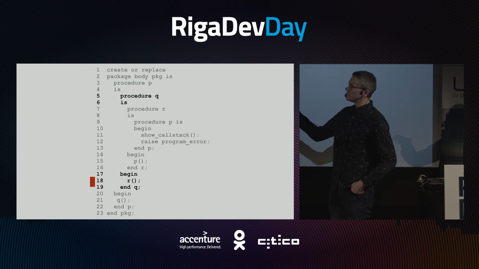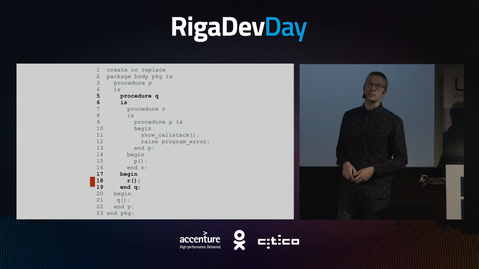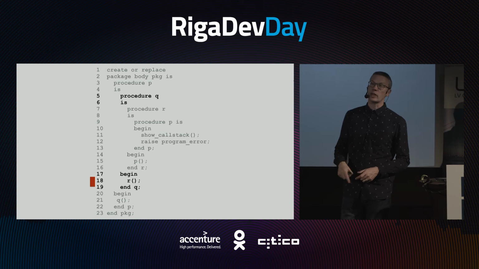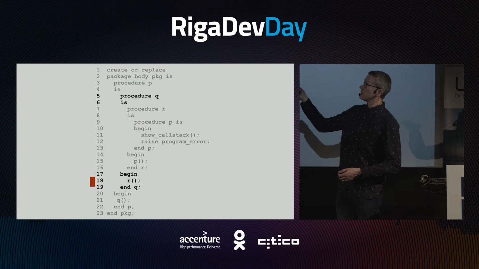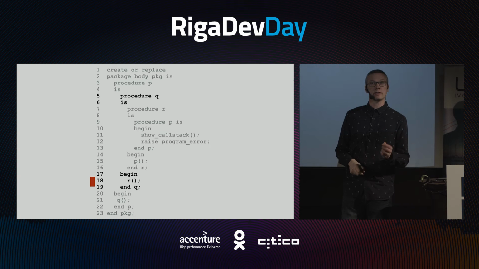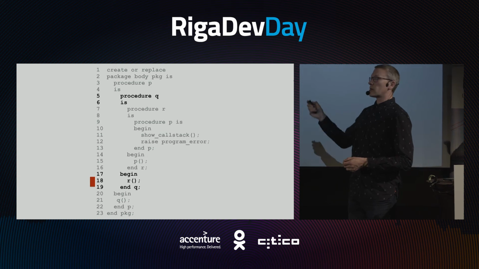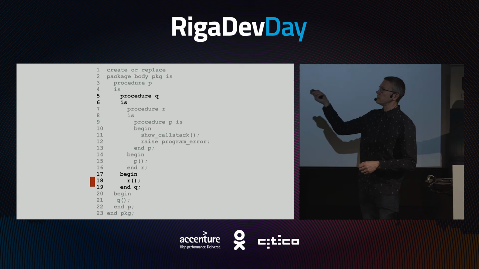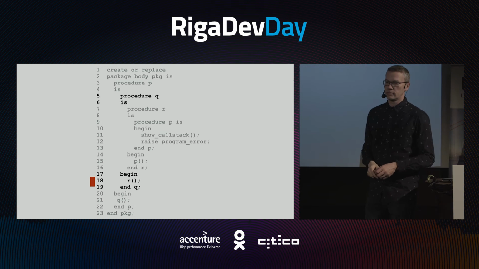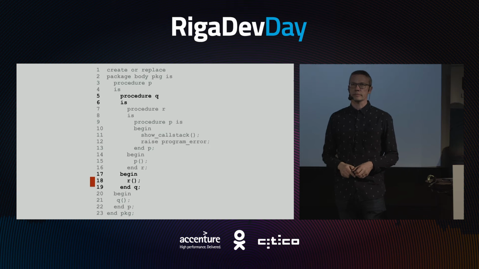And it calls P, but not the outer P, but the inner P. So we have P calling Q, calling R, calling P. The only thing P does is show you that call stack using the DBMS_UTILITY function, as well as raise a program error. So execution is stopped right there, line 12.